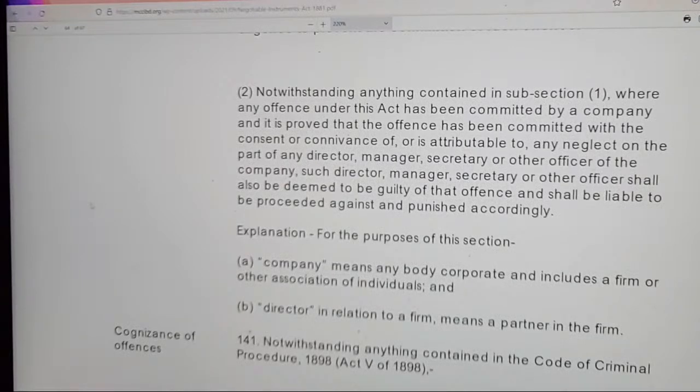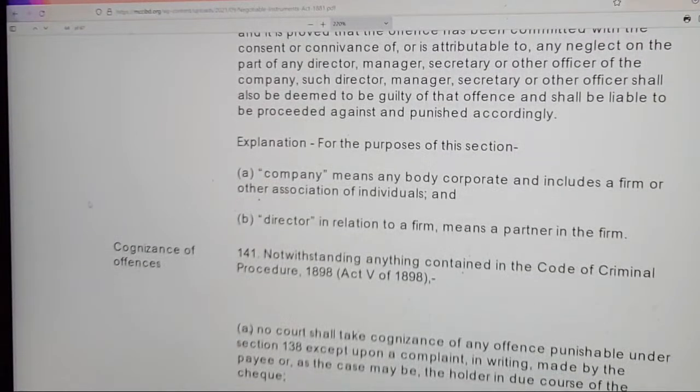2, notwithstanding anything contained in subsection 1, where any offense under this act has been committed by a company and it is proved that the offense has been committed with the consent or connivance of, or is attributable to any negligence on the part of, any director, manager, secretary, or other officer of the company, such director, manager, secretary, or other officer shall also be deemed to be guilty of that offense and shall be liable to be proceeded against and punished accordingly.